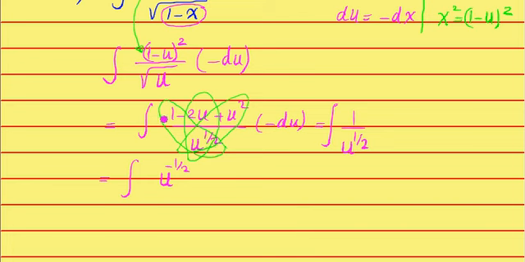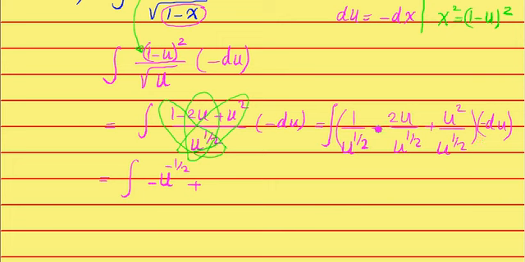So 1 over u to the power of 1/2, minus 2u over u to the power of 1/2, plus u squared over u to the power of 1/2, and all of this is multiplied by minus du. So 1 over u to the power of 1/2, just use the rule of exponents, is u to the power of minus 1/2. Let me include this minus inside, so we clean this up.